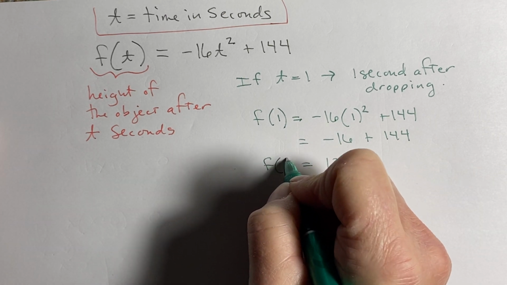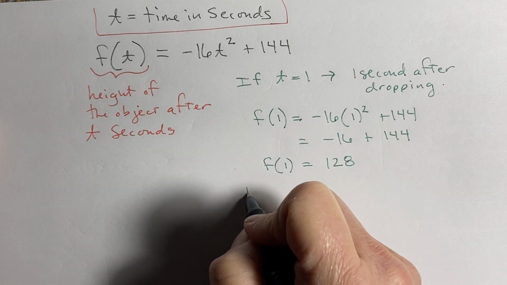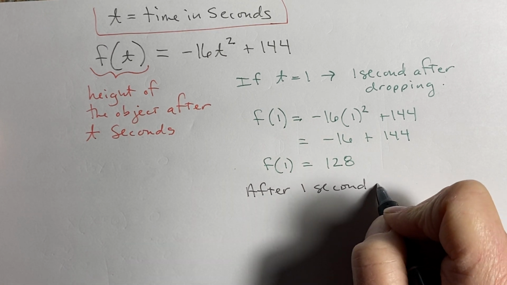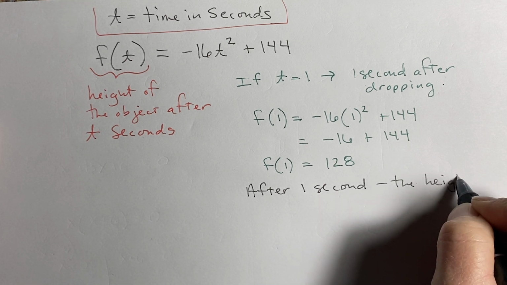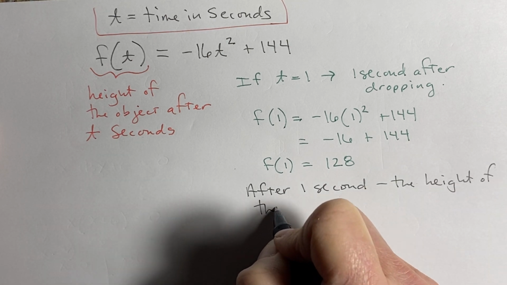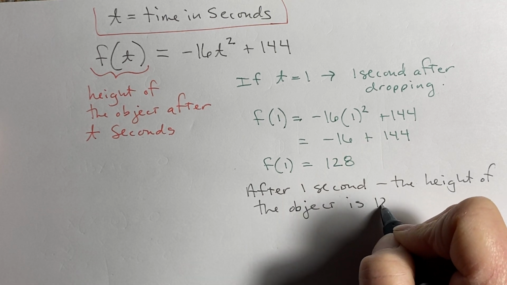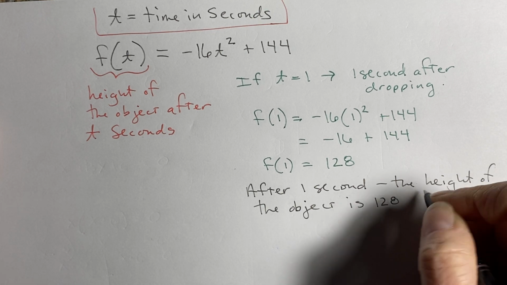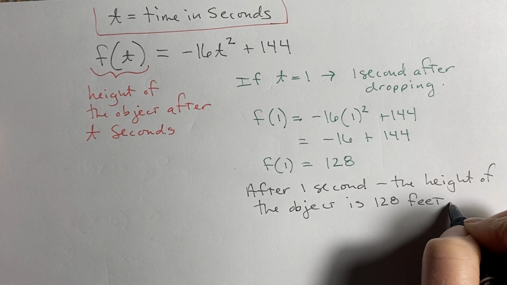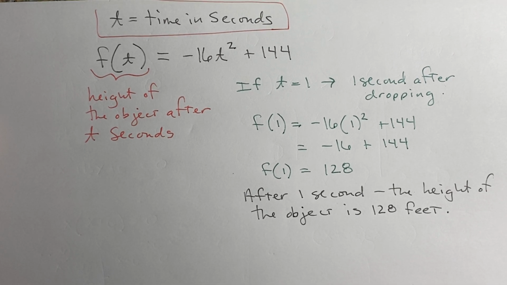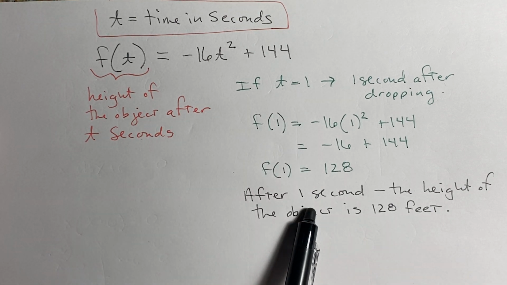So F of 1 means after 1 second, the height of the object is 128 feet. So again, it was dropped from the top of a 144-foot building. Okay, so that's how that works.